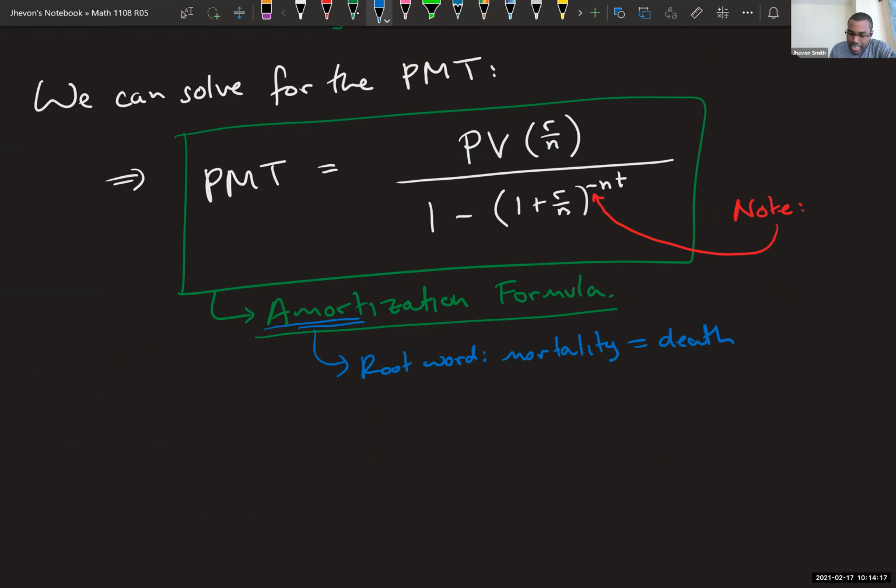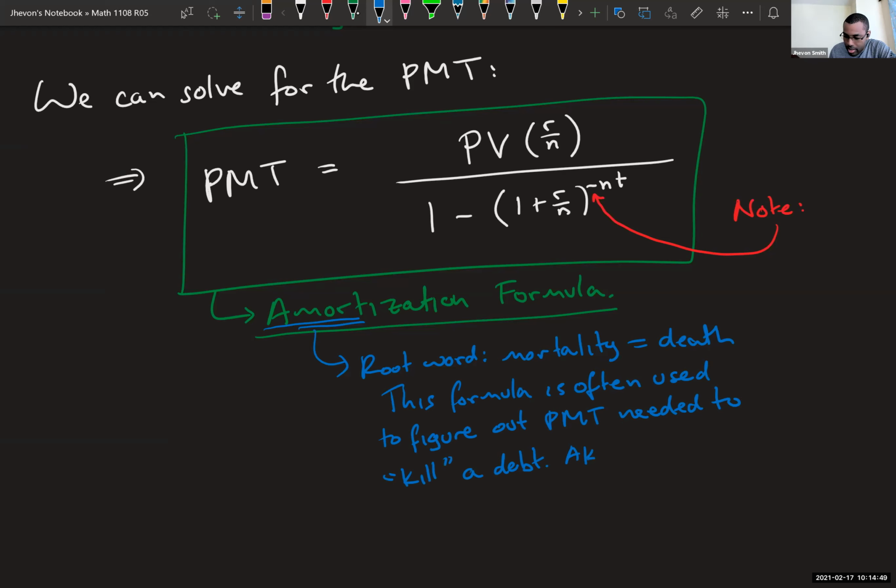So the idea is this formula is often used to figure out the PMT needed to, quote unquote, kill, put to bed, put to death a debt, right? So AKA amort a debt.